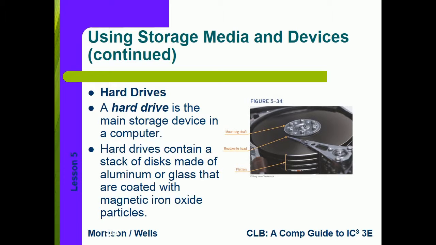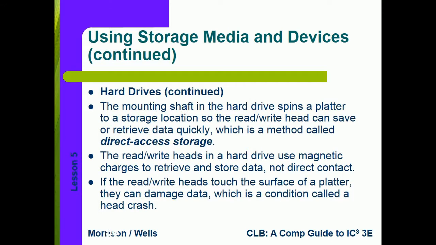Using storage media and devices, continued. 55. Hard drives. A hard drive is the main storage device in a computer. Hard drives contain a stack of disks made of aluminum or glass that are coated with magnetic iron oxide particles. Using storage media and devices, continued. 56. Hard drives, continued.